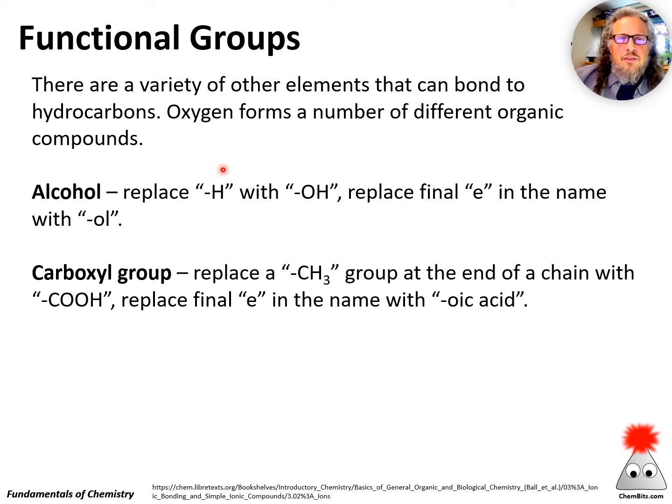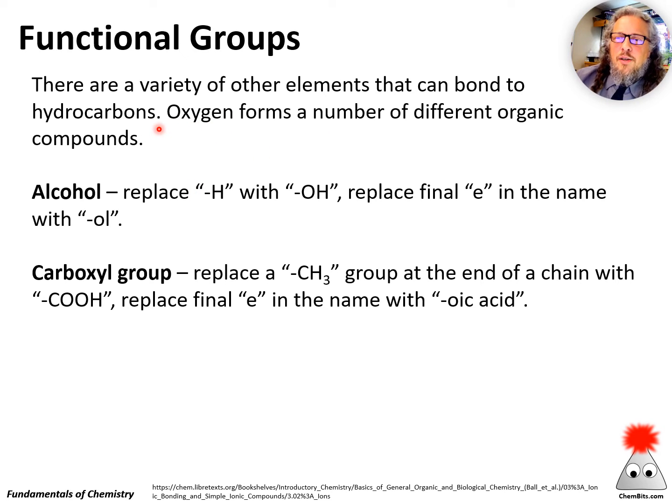Now obviously, carbon can bond with other things as well. That's what gives it its richness. We call those other things functional groups. So carbon can bond with a few different elements. The only ones we're going to really worry about for right now are a couple of the oxygen groups.